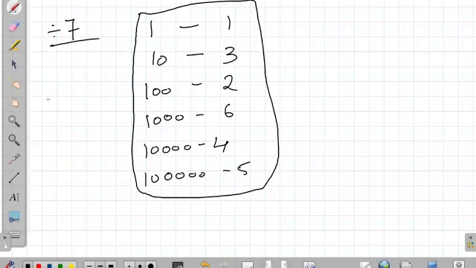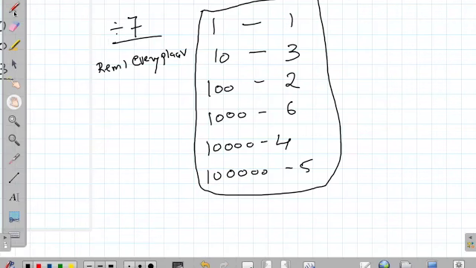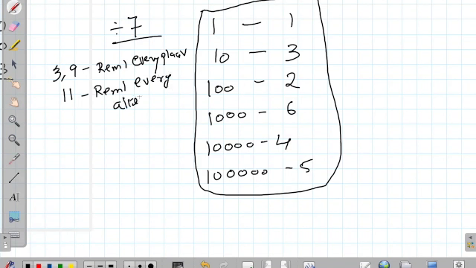Okay, so if you look at the progression, for 3 and 9, we had remainder 1 for every place value. For 11, we had remainder 1 every alternate place value.